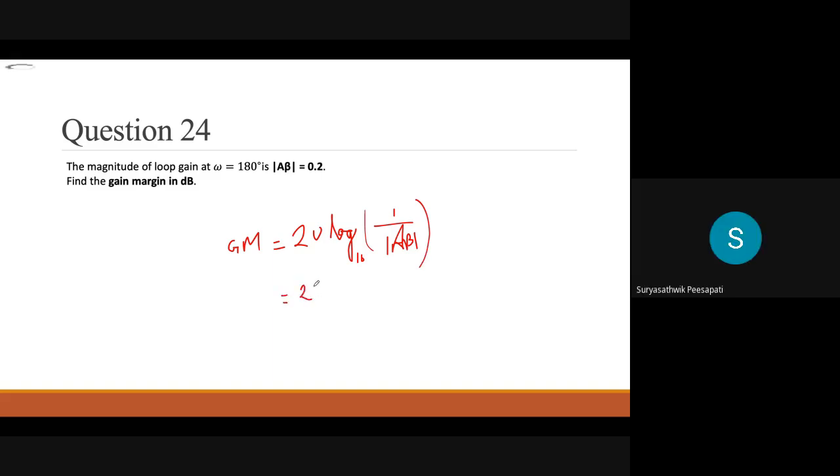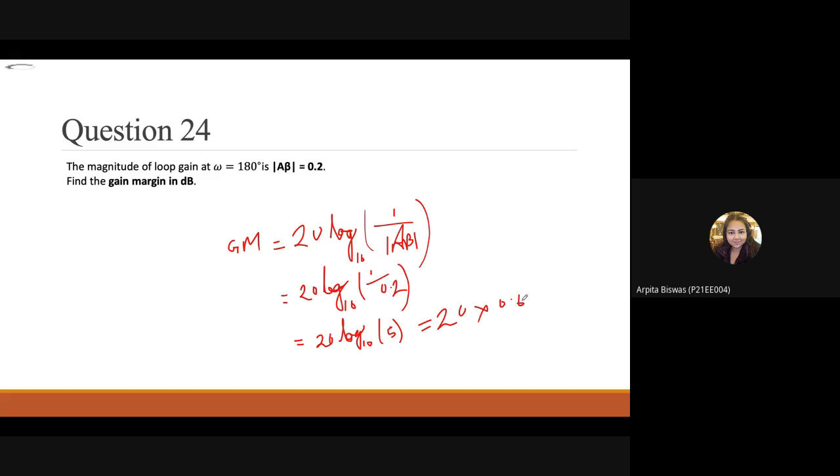So 20 log of 1 by 0.2, which is 20 log of 5, that is 20 into 0.699. So the answer is 13.98. Okay.